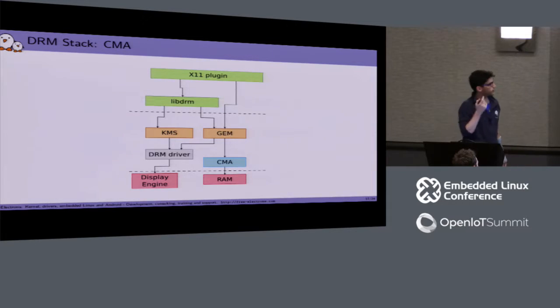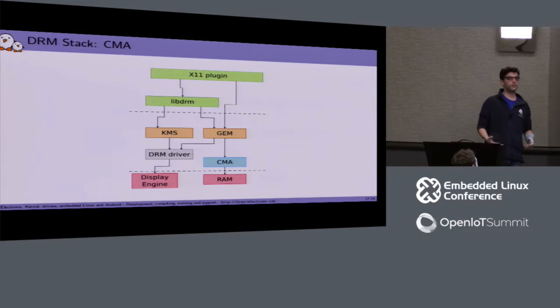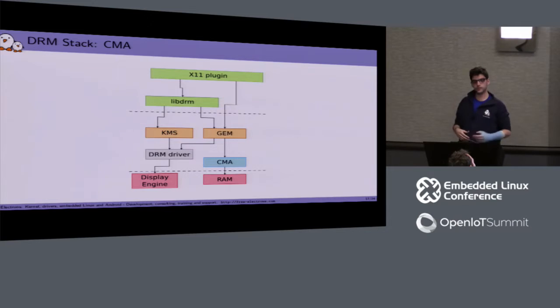And so you can rely on CMA, and you have a default implementation for GEM that relies on CMA. And CMA in Linux is the contiguous memory allocator.